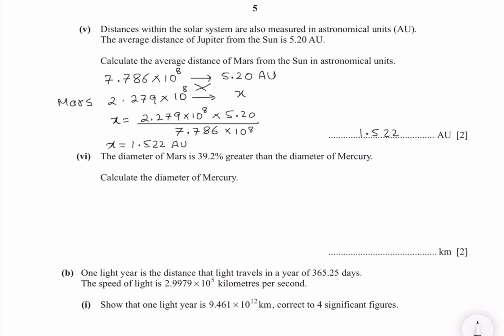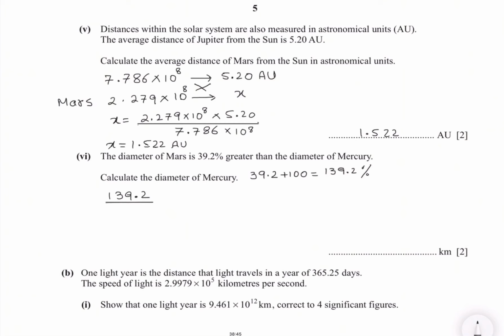Diameter of Mars is 39.2% greater than the diameter of Mercury. Calculate the diameter of Mercury. So 39.2 plus 100. It's greater, so add 39.2 to 100. So it is 139.2%.